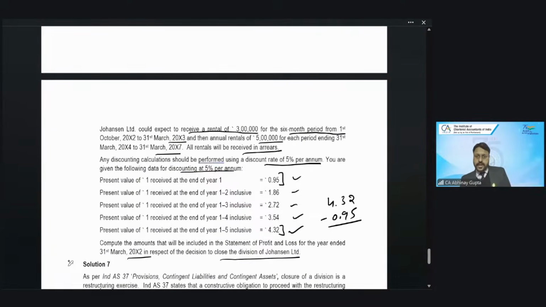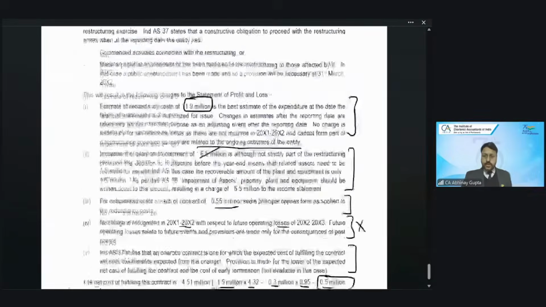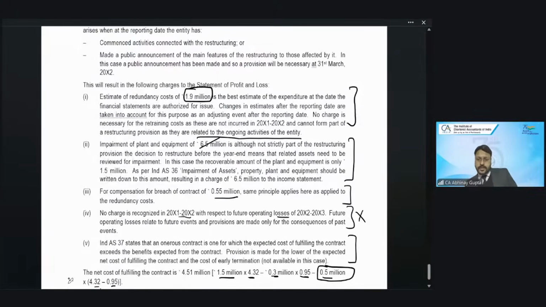Here it is. Annual lease rentals of 5 lakh. 5 lakh means 0.5 million, correct? Yes or no? Yes, sir. For each period, 3 lakh only for the first period, and thereafter it is 5 lakh. So 0.3 million into 0.95 for the first year, and 0.5 million into (4.32 minus 0.95). 0.95 we have deducted because for the first year we have already considered the 3 lakh.